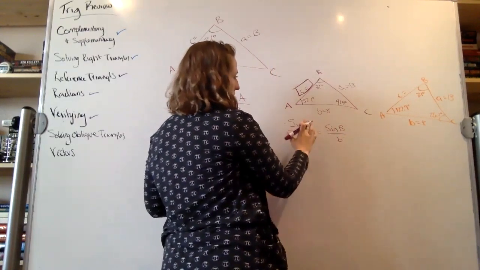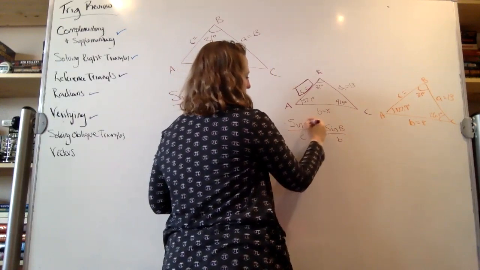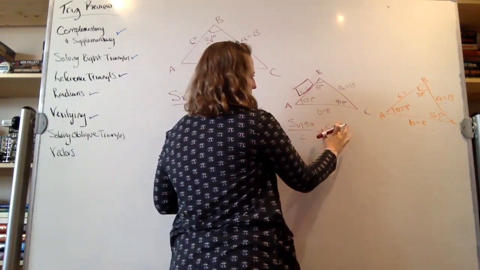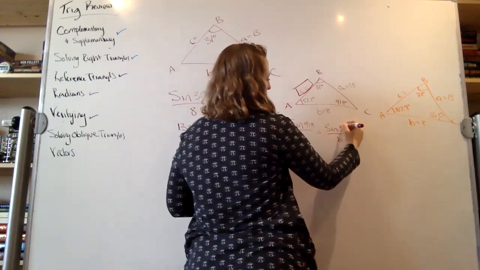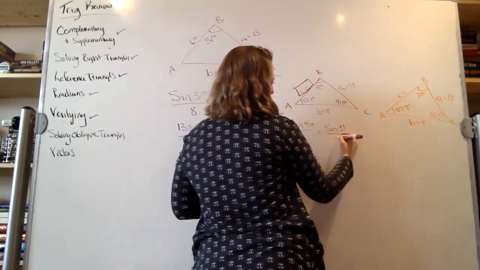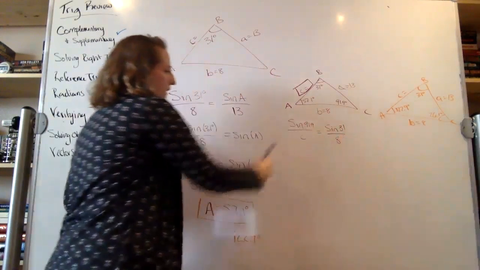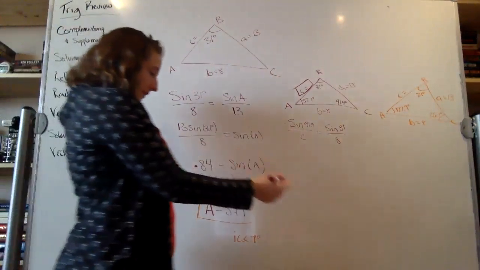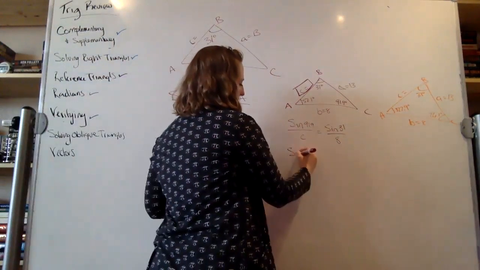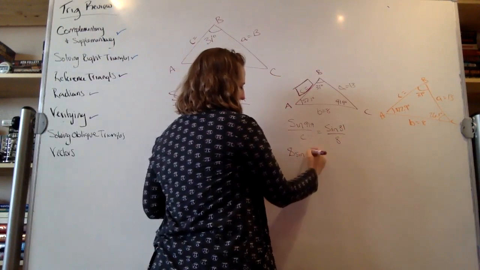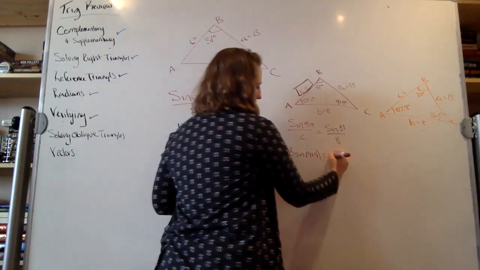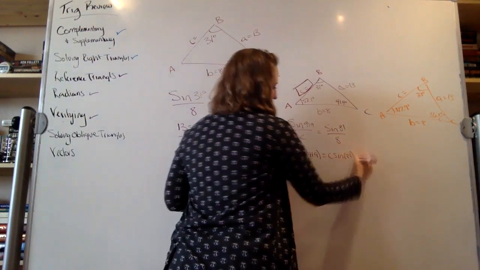What do I know? I know my angle C is 91.9 degrees. I know my angle B is 31 degrees. And I know my side B is 8. The only thing I don't know is side C. If I do a little cross multiplying, I get 8 sine of 91.9 equals C sine of 31.